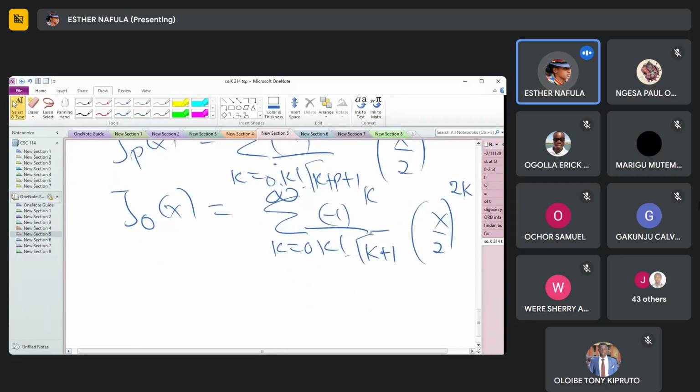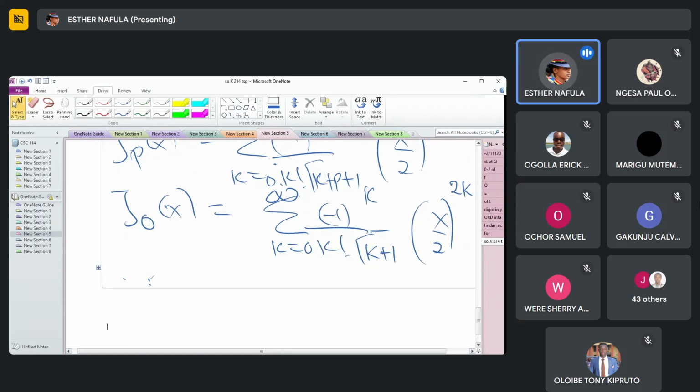So we can obtain the first few terms and then determine and give the series. Let's substitute the different values of k. J_0 of x is given by the summation from k is 0 to infinity of (-1)^k over k factorial gamma of k plus 1, times (x/2) raised to 2k. So if we take k equals 0, what do we get?